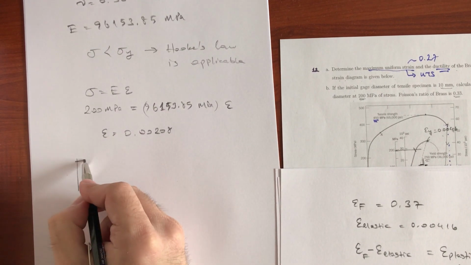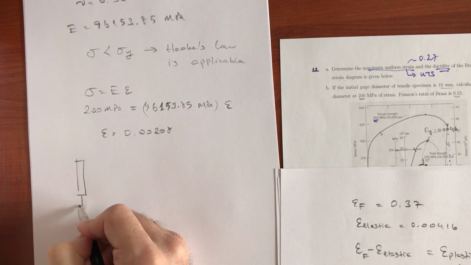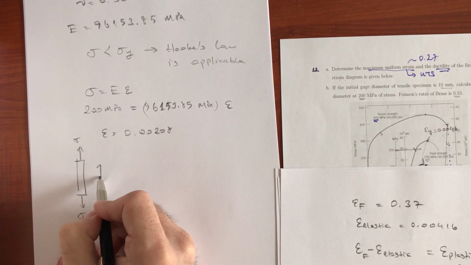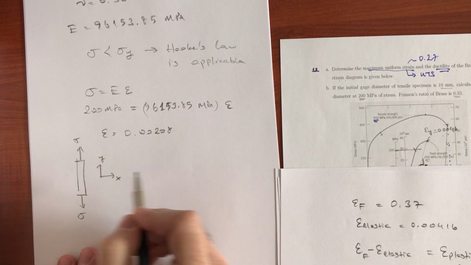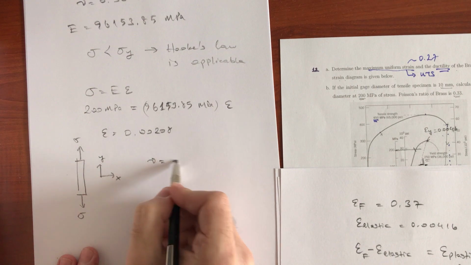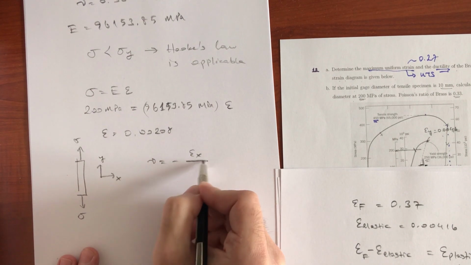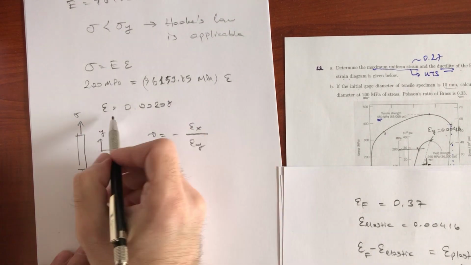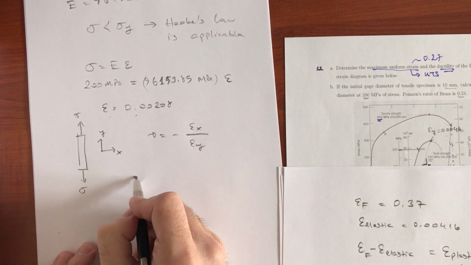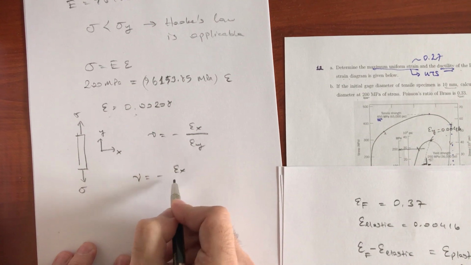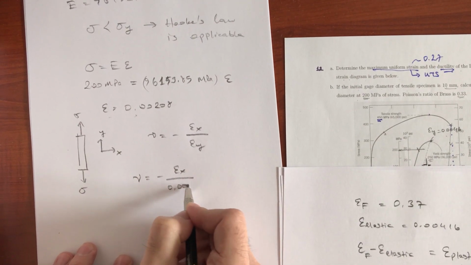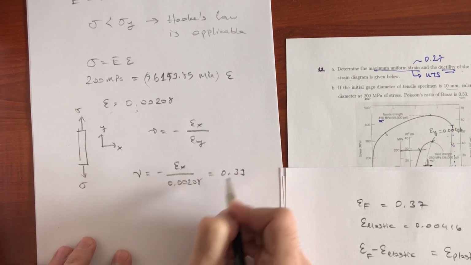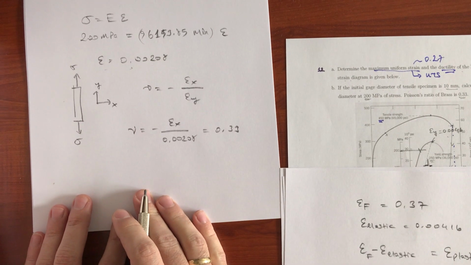Now for uniaxial tension, if we load the sample like this, and these are our coordinate axes, the Poisson's ratio is defined as strain in x direction divided by strain in y direction. So we calculated the strain in y direction, and the Poisson's ratio is given to us as 0.33.